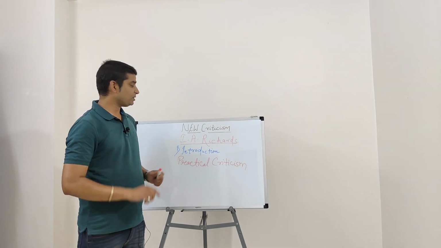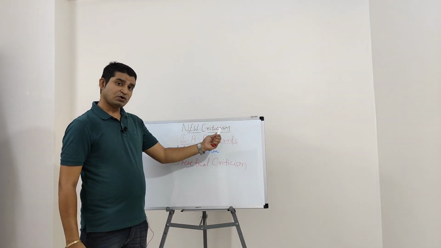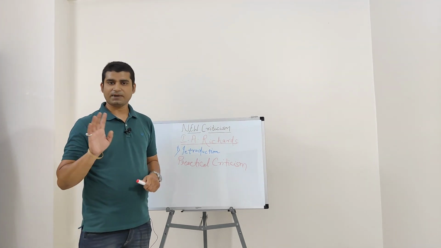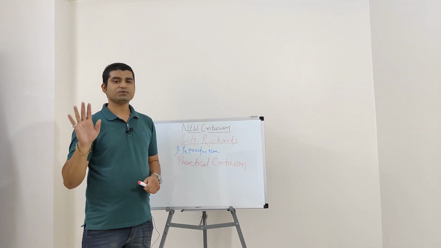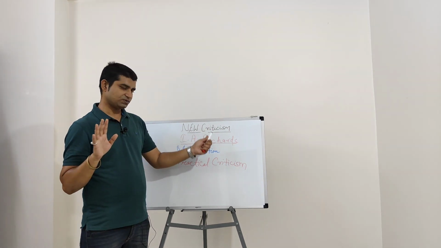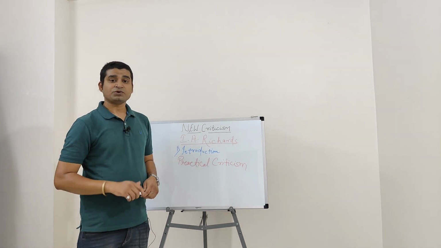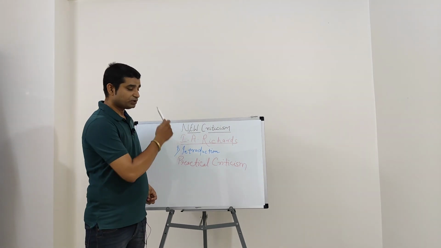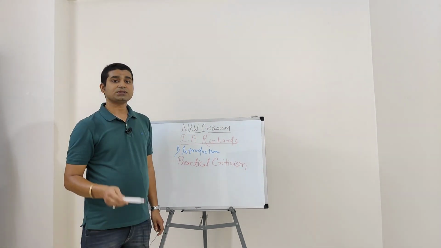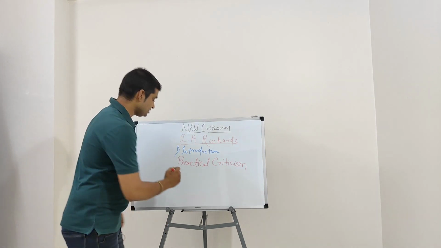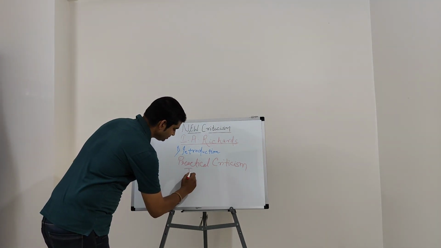Okay, so you must remember that the concept of New Criticism was given by I.A. Richards, but he never used the term New Criticism in his work. He used the term practical criticism. Then the question arises, who used the term New Criticism? The term New Criticism was first of all used by J.E. Spingarn.